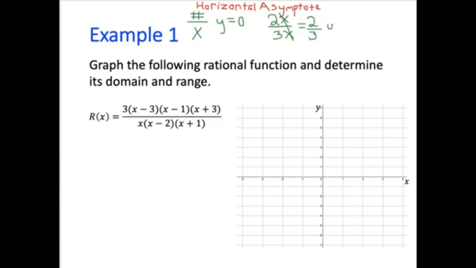So your horizontal asymptote will be y equals 2/3.